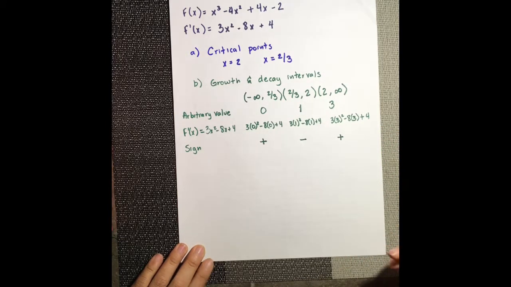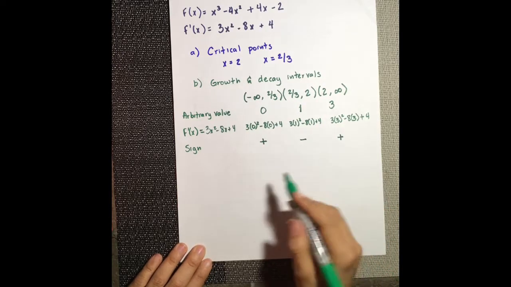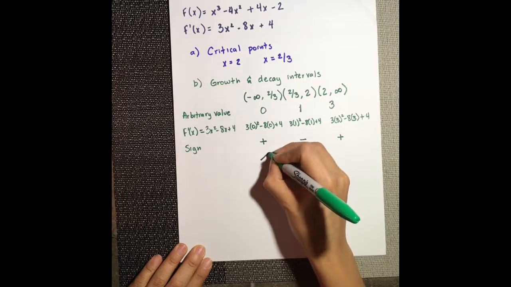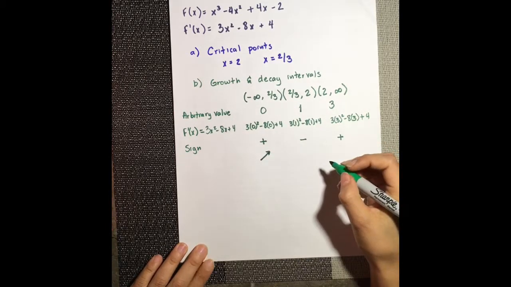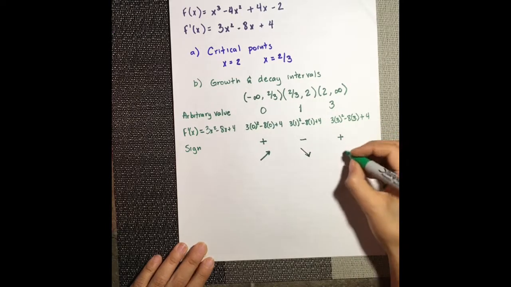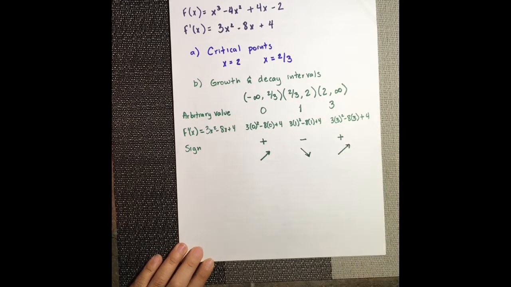What we want to see is the way our function behaves in the different intervals. So if we have a positive sign, that means our function is going to be growing or increasing. If we have minus 1, decaying or decreasing, positive again, increasing.